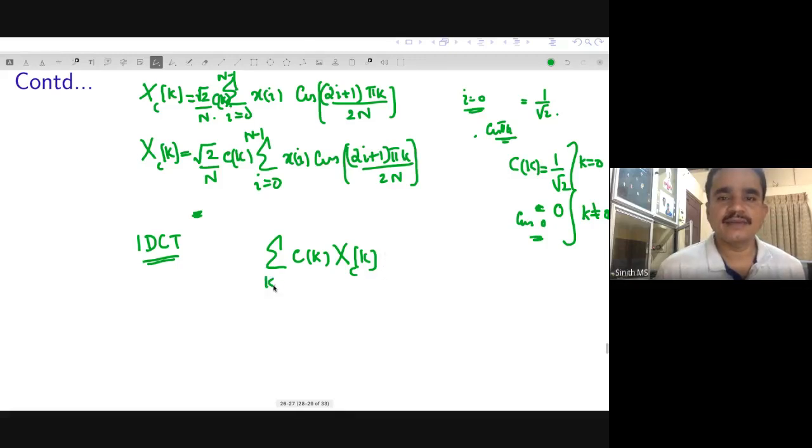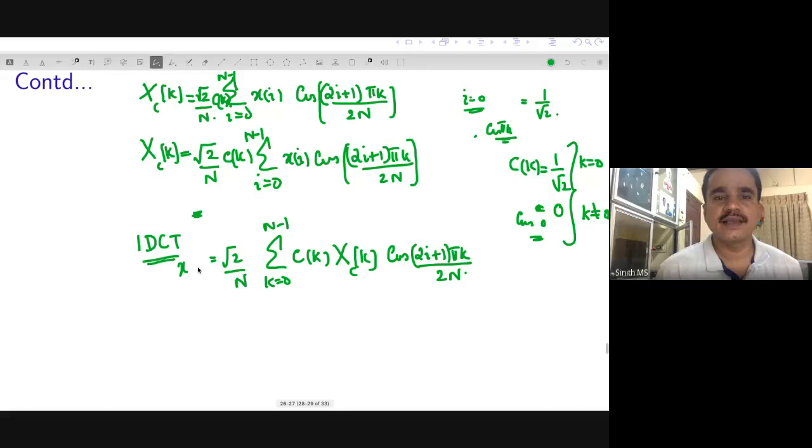So k varies from 0 to n minus 1. You have n values, multiplied by cos((2i plus 1) pi k by 2n), again with root 2 by n and c k inside.